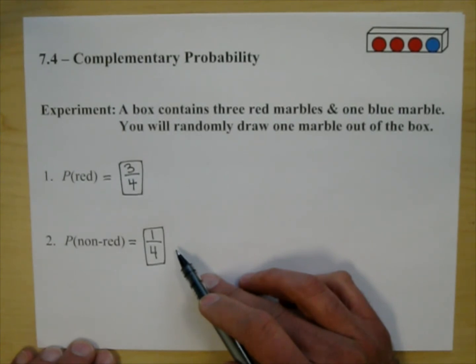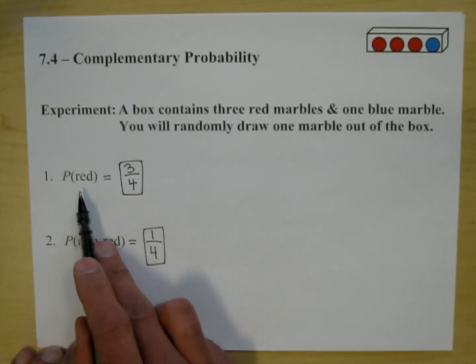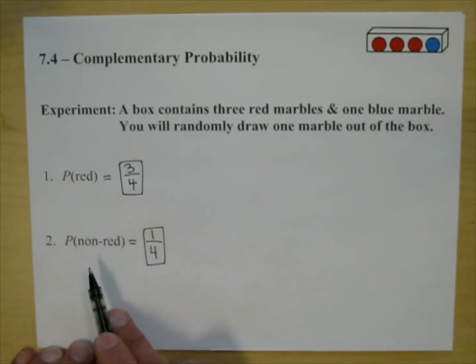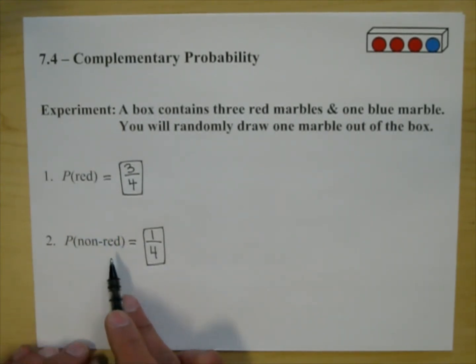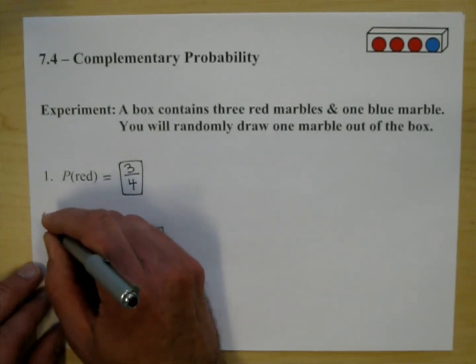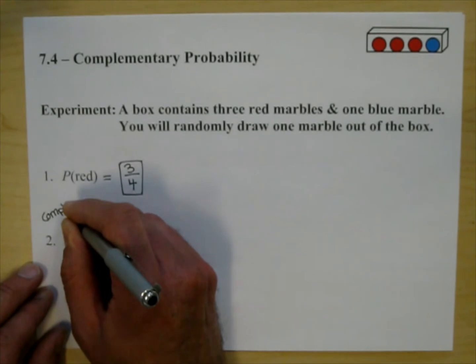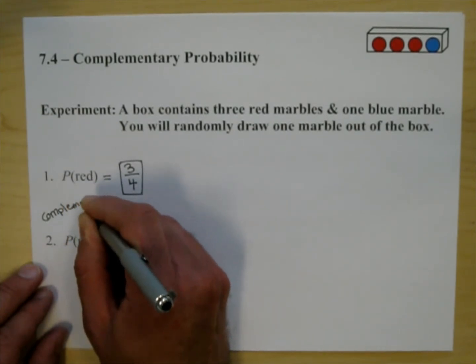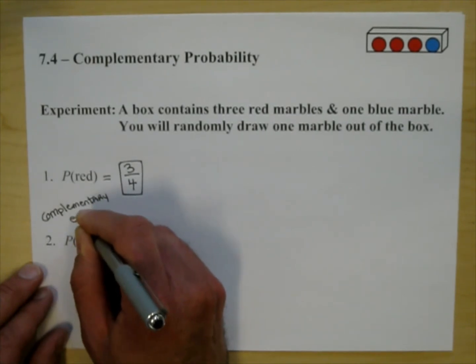But what we want to do is label these 2 events. When we say you can pull out a red here, and then over here we say you can pull out something that is not a red, that covers all the things that can happen. So these are called complementary events.